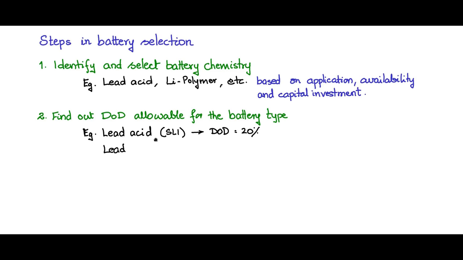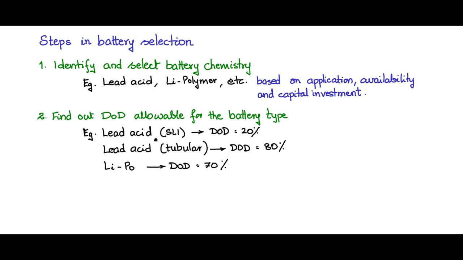Now if you take the lead acid tubular battery, they are good for continuous low discharge applications. Here the depth of discharge can go as deep as 80%. Lithium polymer batteries can go to 80%, but normally 70% is chosen.